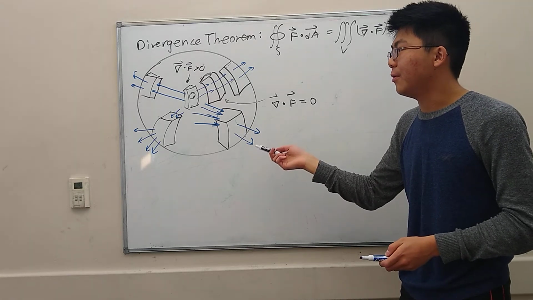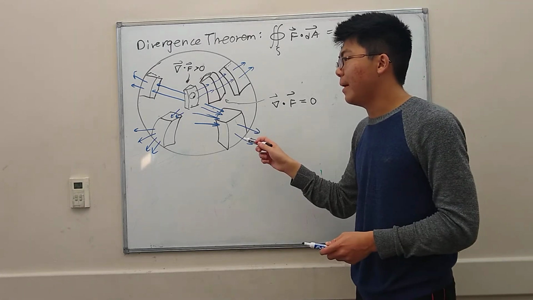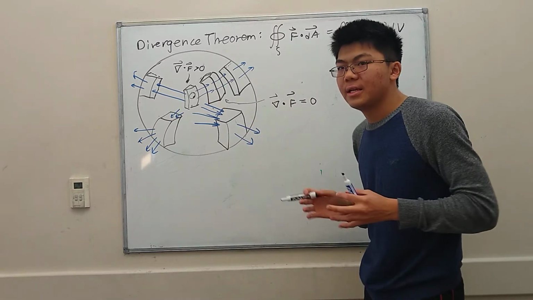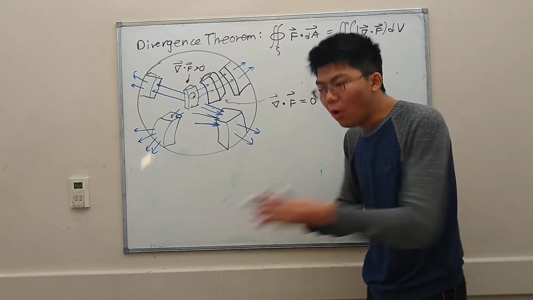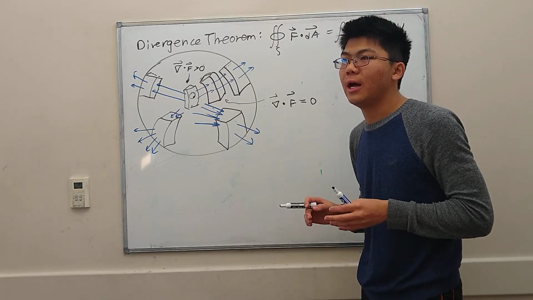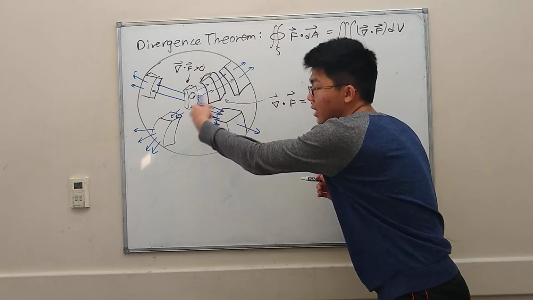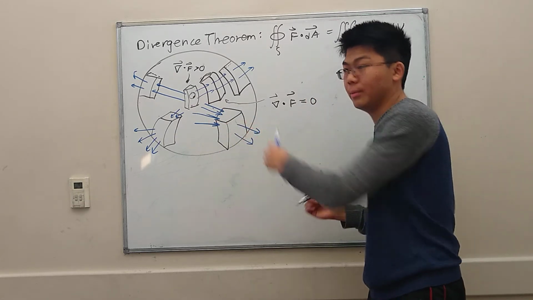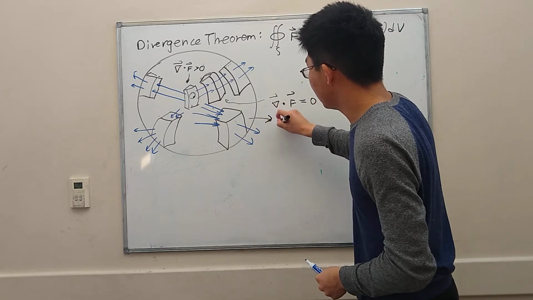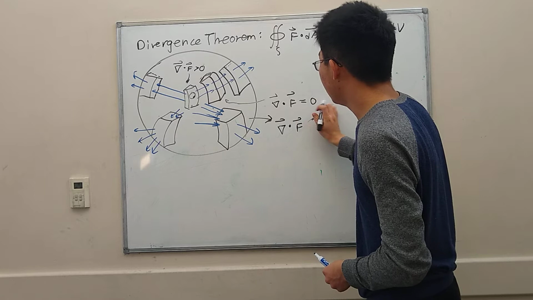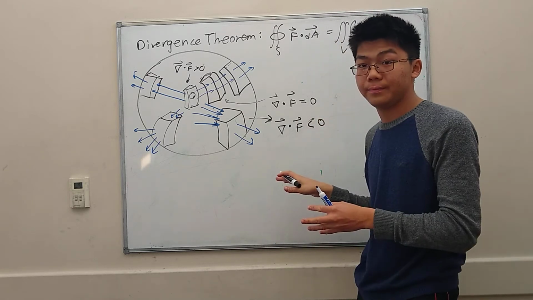In the next example, I'm going to talk about this cube. In this case, there are 4 arrows going in, but only 2 arrows going out. So the net flow into the cube is much greater than the net flow out of the cube. That means the divergence of that field here is less than 0.